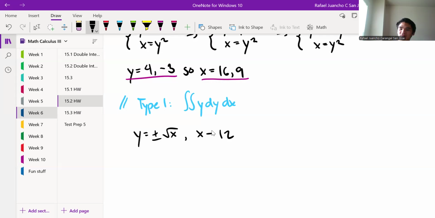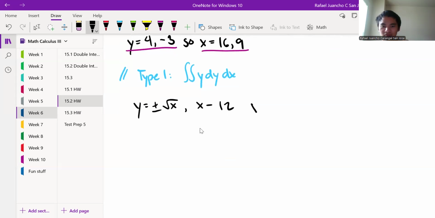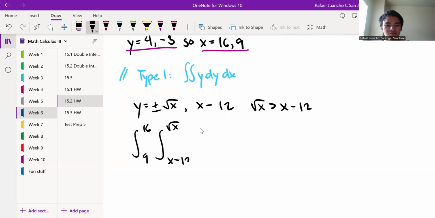So this one is greater than this, although there are occurrences when it isn't, but for the most part, that should be the idea. And so the iterated integral is going to be something like 9 to 16. This one should be at the top, this one's at the bottom, right?